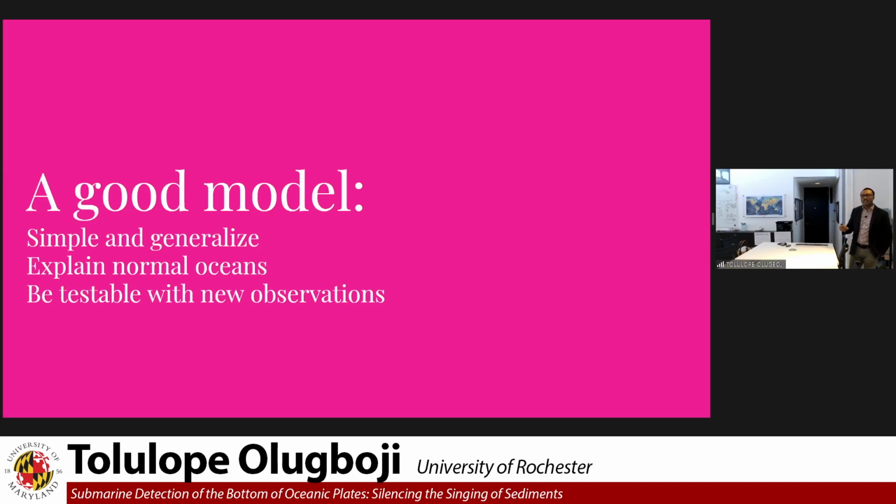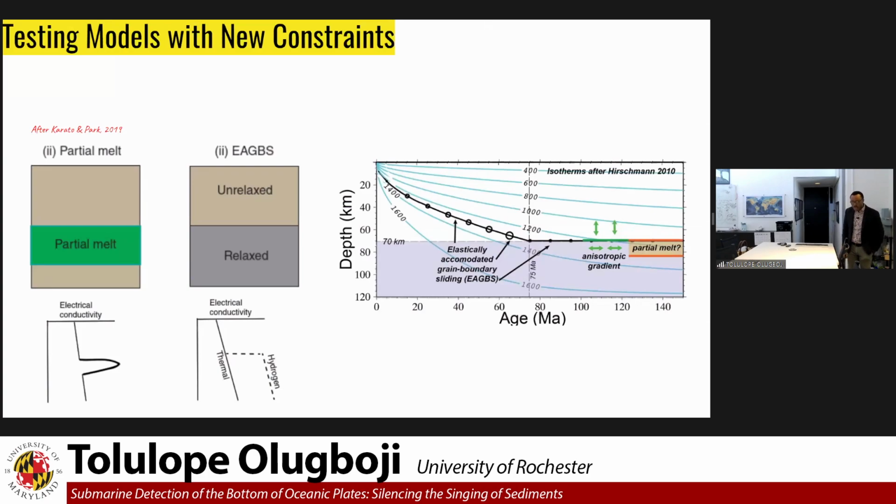The model should explain normal oceans. And more importantly, scientifically, models should be testable with new observations. And I'll proceed to summarize all cases of models into these two buckets. Bucket one, partial melt. This, one might argue, is the view of a lot of practitioners in marine seismology and geophysics. You can call it the underdog view, if you like.